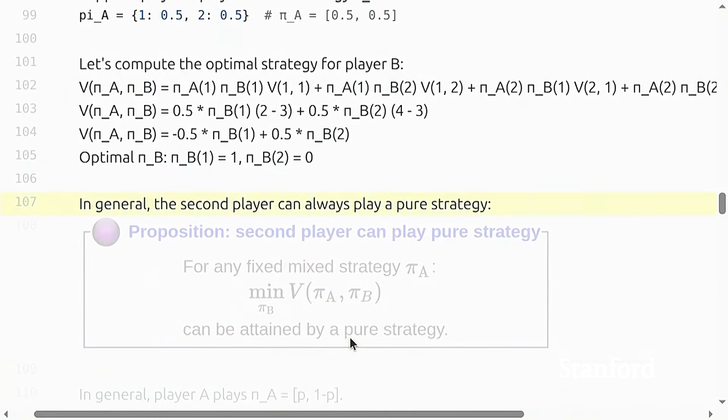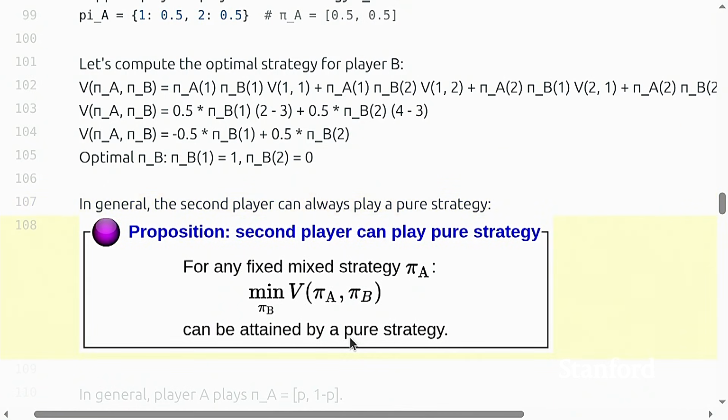Okay. So this points out another important fact: the second player can always play a pure strategy in this case. If the first player plays either a pure strategy or a mixed strategy, and the second player is trying to minimize this, it can always be tamed by a pure strategy.